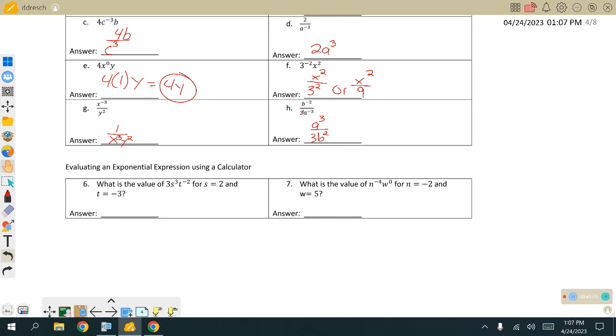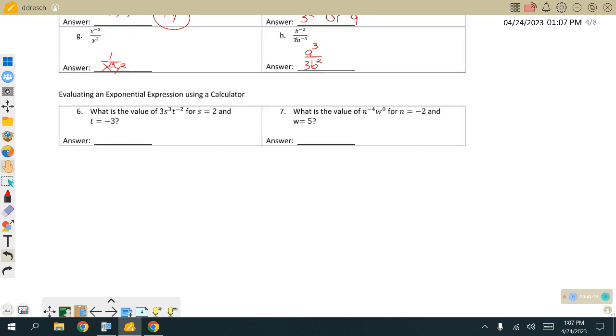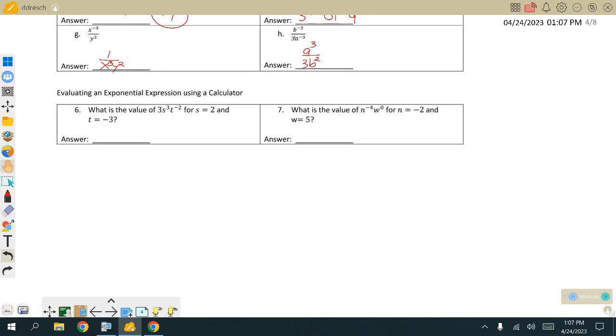All right, let's finish this off. Calculators for the last one. This is back to what you just did on the test with absolute values plugged into your calculator. These better be your easy rack 'em up points. Before I plug them into my calculator, you need to plug in 2 and -3 correctly in the right spots, and then we'll go to our calculator. So first thing, 3s to the third, t to the -2, better be written correctly.